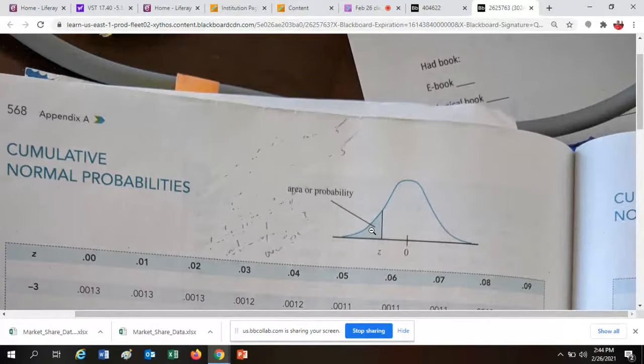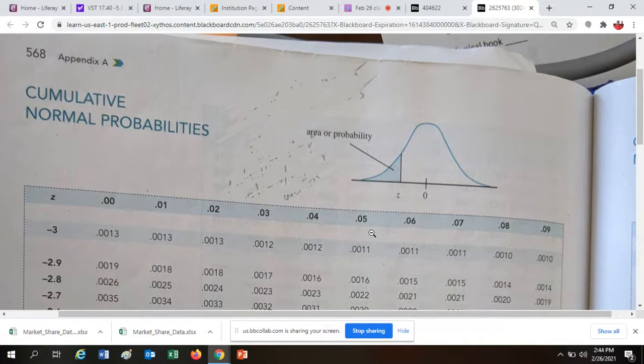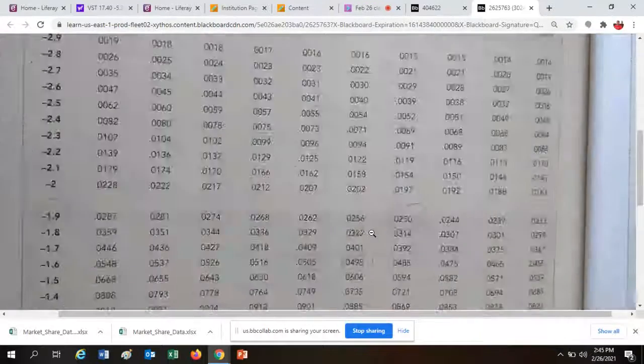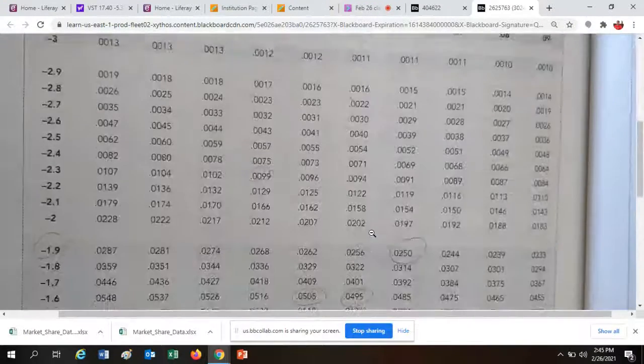Minus 1.96 had 0.025, or 2.5% of the time you would get a number less than negative 1.96.